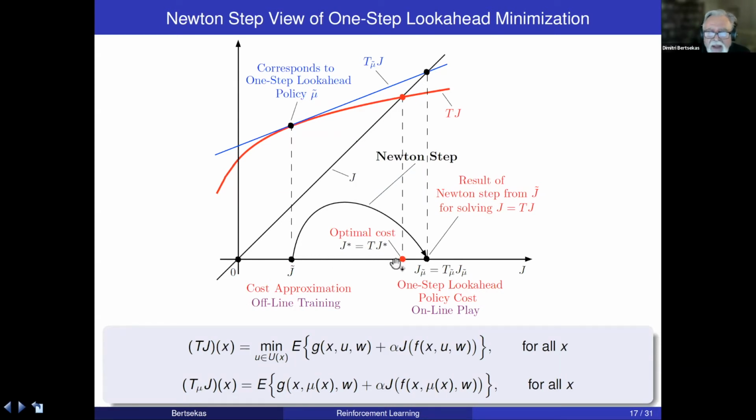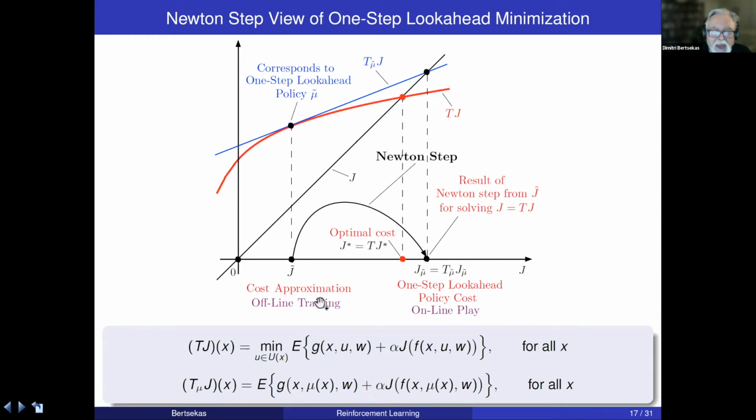J tilde can be something different. If we knew j star, we would use it, okay? But we don't know it, so we start with some j tilde that may be to the left or maybe to the right. And we do approximation one-step look-ahead minimization. And it has this interpretation, which is very general, because this Tj is always concave within our context, and this T mu of j is linear.